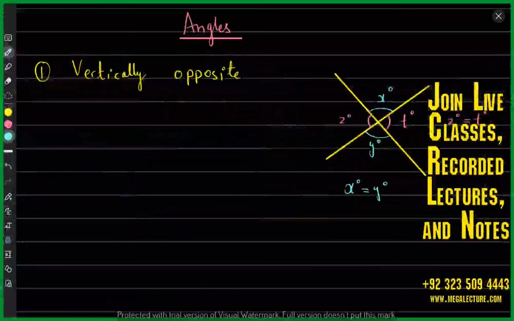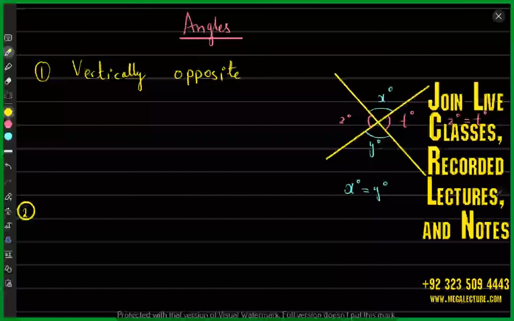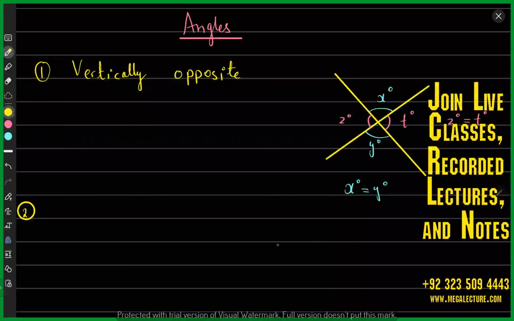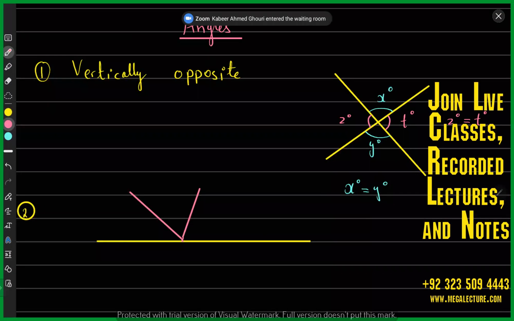Okay, for the second one, so if you have a straight line like this, and then let's say you have one line, and then you have another line, and then let's say you have third line, let's say you have another line, you can have infinite many lines, that is completely fine.